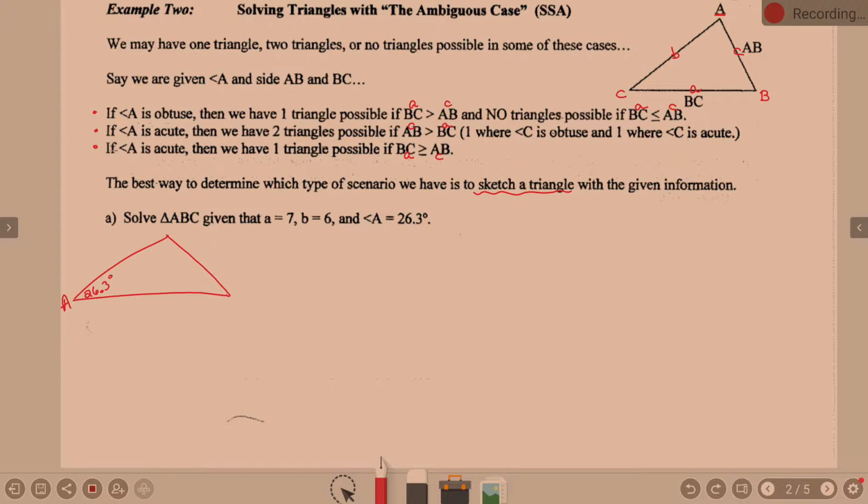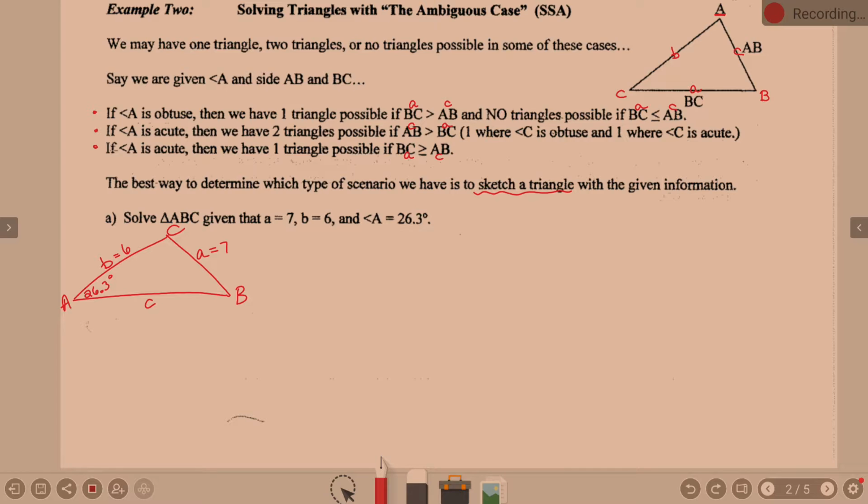Side A is going to be opposite that, and it is 7. And then side B is given as 6. I chose to make B and C up there because they are similar in length. That's how I drew that triangle. Again, it doesn't really matter. Now, if I label the other pieces, this is angle B because it's opposite B, and this, of course, has to be C.